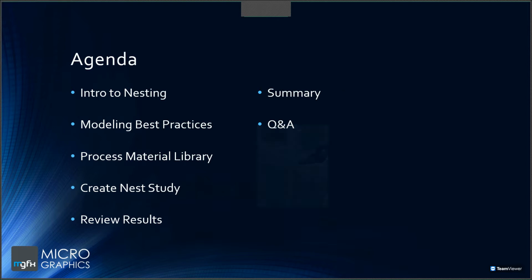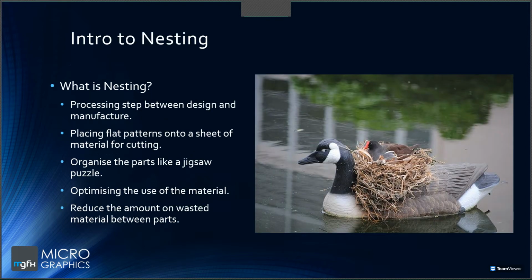So let's move on to an intro into nesting. What is nesting? It's got a little picture on the right there of a bird with a nest on the back of a duck. This is not the type of nesting we'll be talking about today. The type of nesting we're talking about is the processing step between what the designers do to create the design in CAD and how it will actually get manufactured on the factory floor.